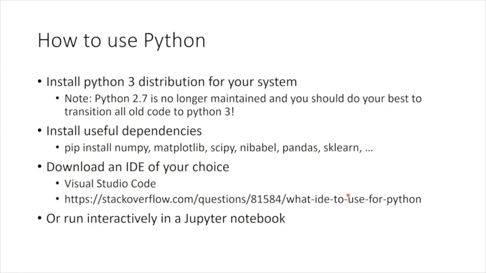And if you have code in Python 2.7, it's probably best to transition it to Python 3 now. But pretty much any Python 3 installation will work. Python 3.6 and 3.7 are the most common ones nowadays.